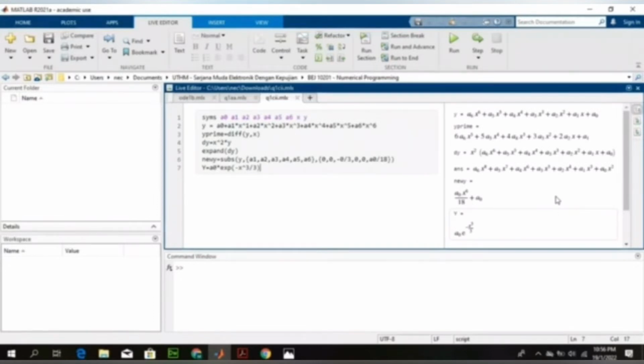So y we get same as the manual calculation, and y prime we differentiate yx, so dy equal to x square times y, so expand dy and get the answer is a0 exponent negative x power of 3 over 3.